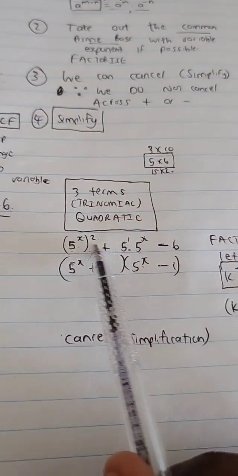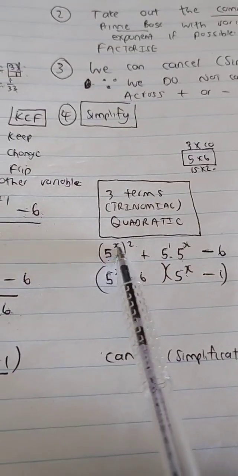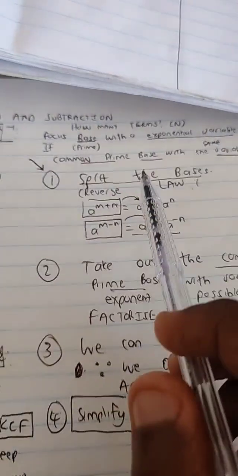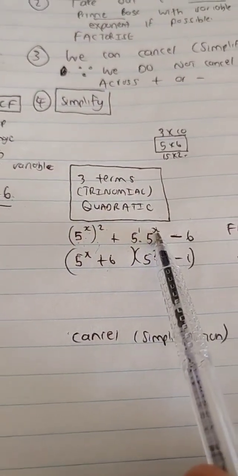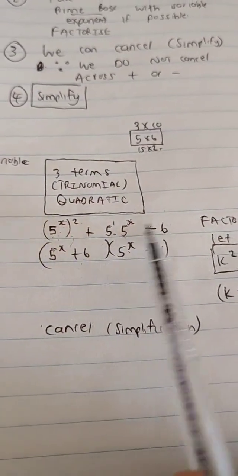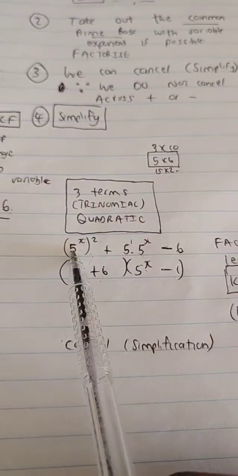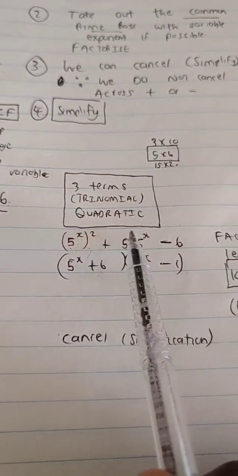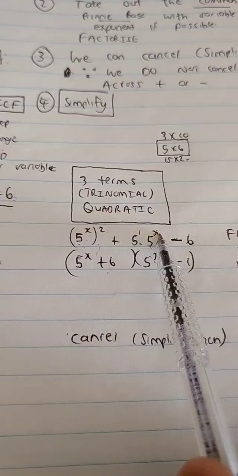Step number 2, when you look at the actual expression, 5 to the power 2x can be written as 5 to the power x raised to the power 2, plus, you split these two using the reverse of law number 1. That becomes 5 to the power 1 times 5 to the power x, minus 6. 3 terms means that we can actually factorize this because we look at the variable 5. With x, the exponent is 2. With the other term, the base 5 has the variable x.